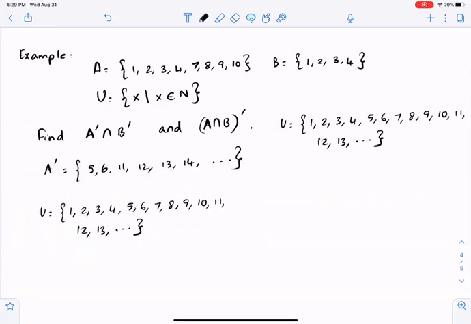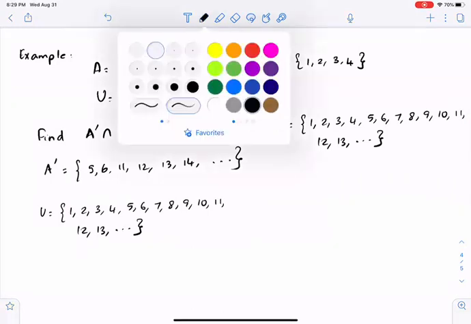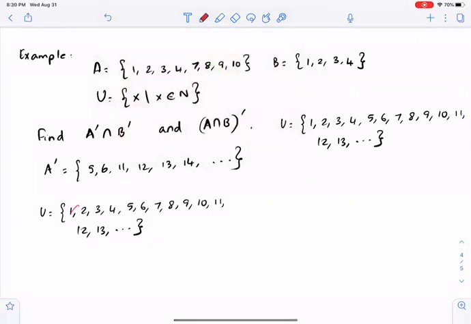Everything that is in A cannot be in A complement, so I'm just going to get rid of whatever I see in A. So that is going to give me everything that is in A complement, which is right there. The next step is to find B complement. So B complement would contain everything that's not in B. So whatever is in B must be excluded.